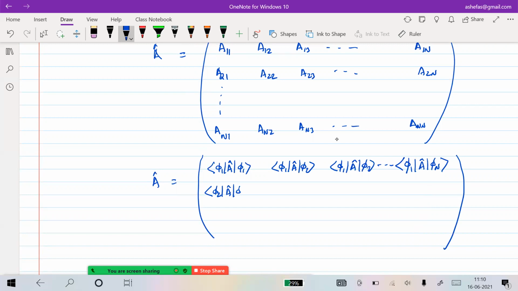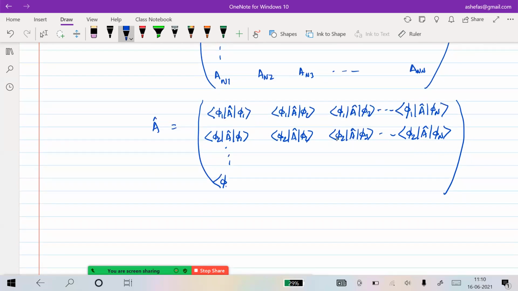Phi 2 A phi 1, phi 2 A phi 2, phi 2 A phi 3, etc. up to phi 2 A phi n. Now the last line would be phi n A phi 1, phi n A phi 2, phi n A phi 3, etc. Phi n A phi n, and that would be an n by n matrix.